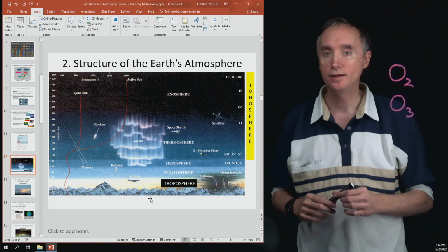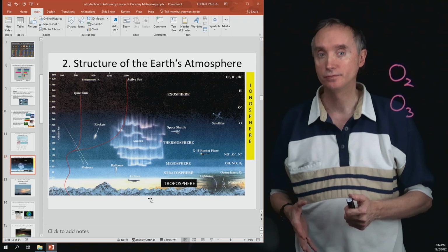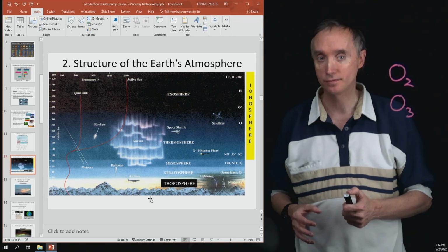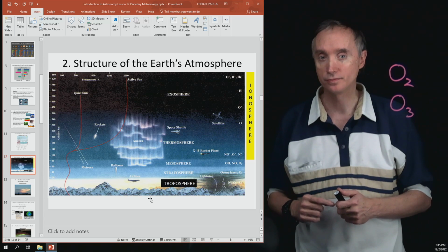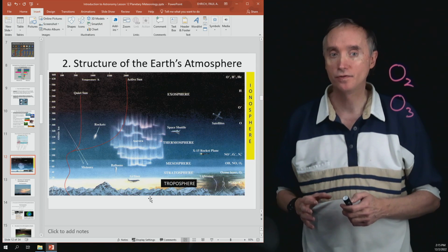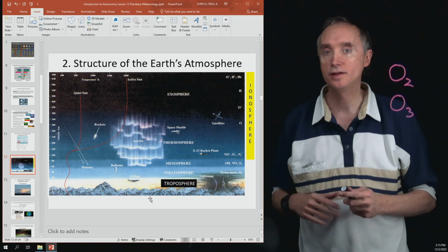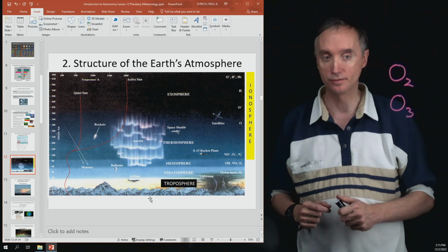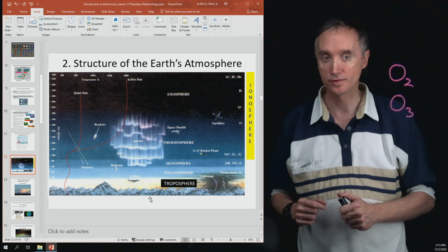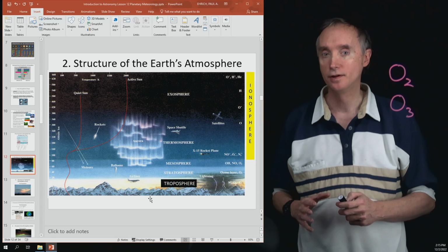And then when they get hit by gamma rays and X-rays, it ionizes those atoms. So the ionosphere is very important because it protects us against the hard radiation coming in from the sun, the X-rays and the gamma rays.